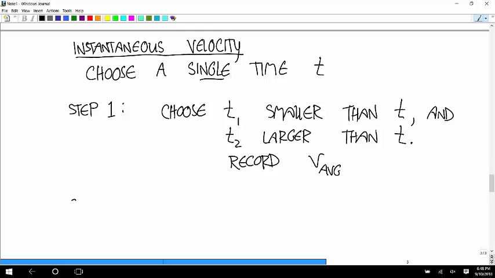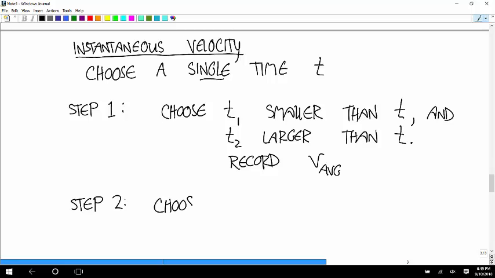And now step 2, you choose t1 and t2 a little bit closer to that value t where you want the instantaneous velocity.